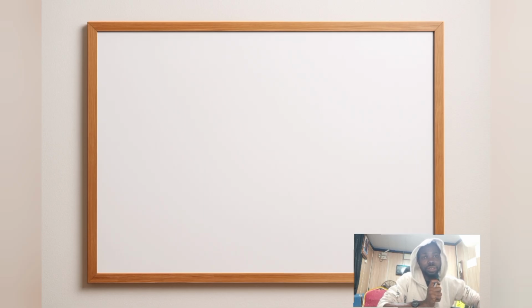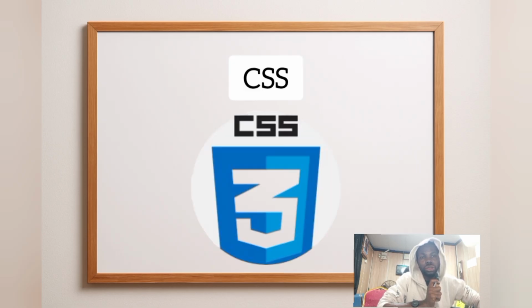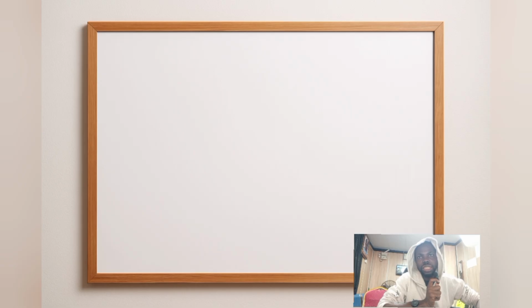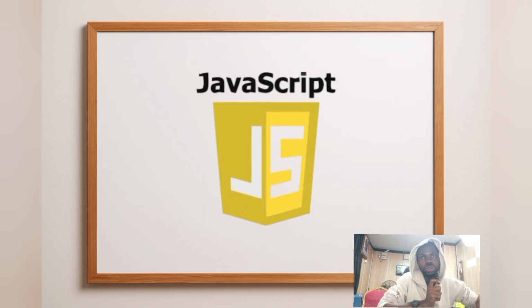Then CSS, like I've said the other time, is the way you decorate your house: you paint it and all of that. CSS is what you use to paint your website to make it have different colors and to make it more beautiful. Then JavaScript is what makes your website come alive.